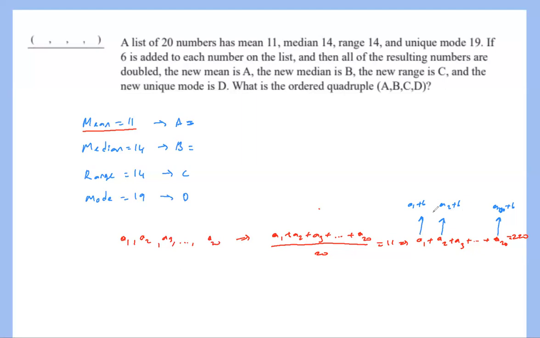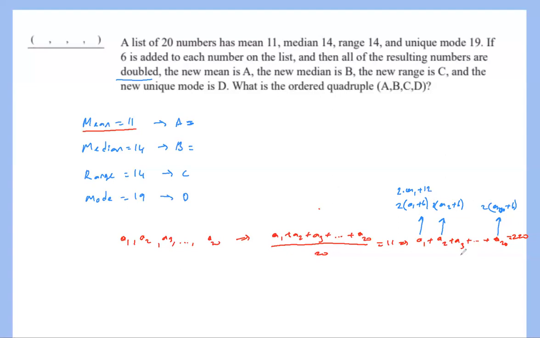But at the same time, we are going to double these numbers. So if you add 6 and then double after, each number will be 2 times as much plus 12. So you're going to double each number and then add 12 to each number.